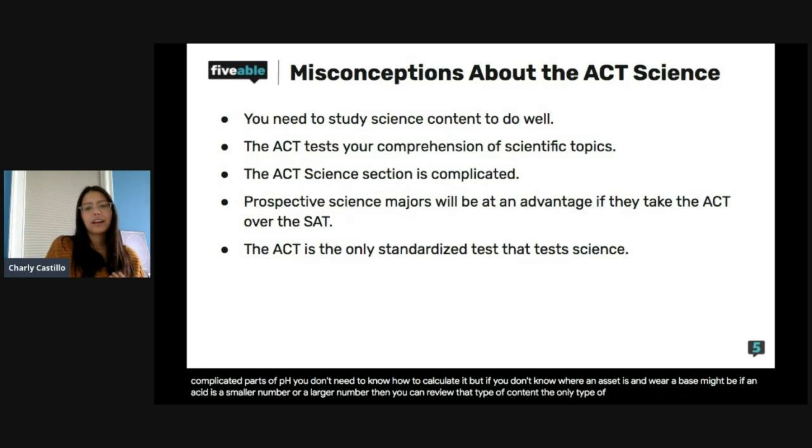The only type of content I would personally say is really important to refresh, if you don't know it already, is maybe something like the scientific method, dominant recessive, which is which, pH, which side is acid, which side is base, where's my neutral, maybe knowing the water cycle.